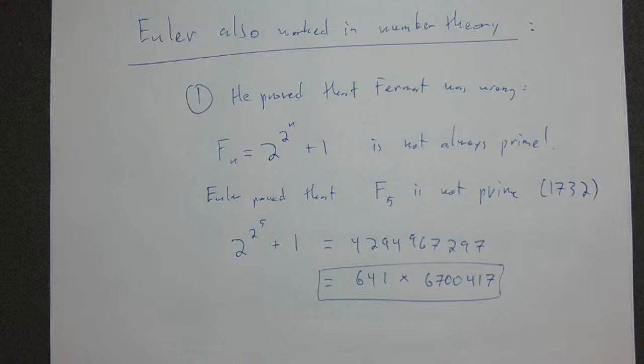But in fact, it can also be shown further. Euler also proved what form it had to have. Every factor of this has to have a certain form. So Euler showed something about that. This wouldn't be improved until much later by Lucas, maybe like 100 years later. So not only was Fermat wrong, he thought that all of these numbers were prime, but it turns out that all of the ones that have been checked past this are also not prime.